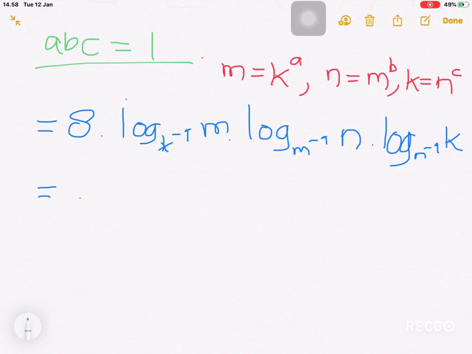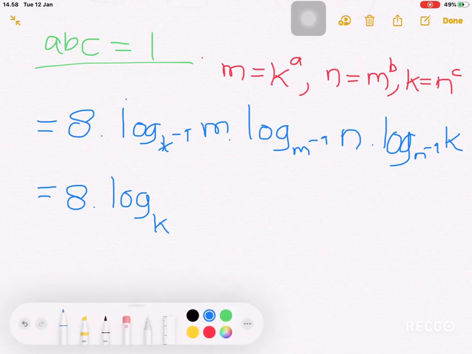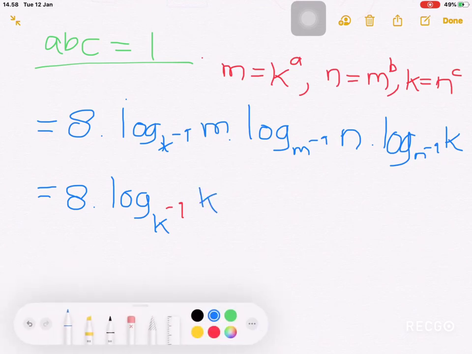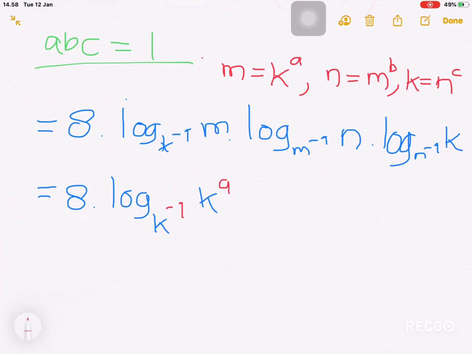So it equals 8 times log base k, and I'm going to write the powers in red, and we have k to the a. I'll fast forward after I've written all of that.